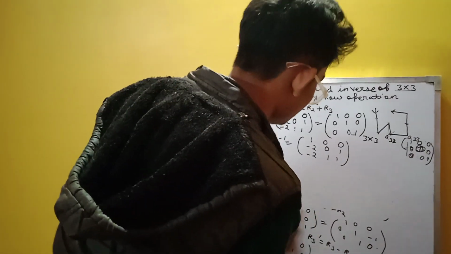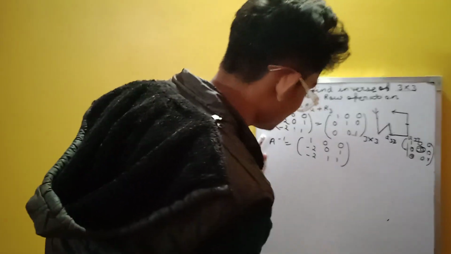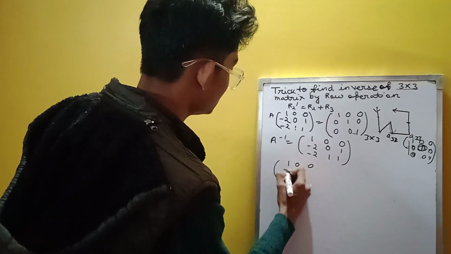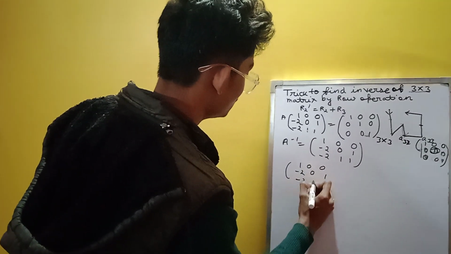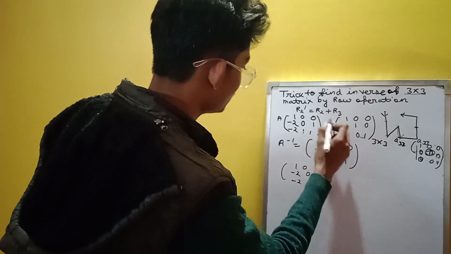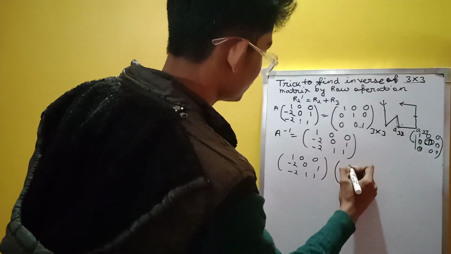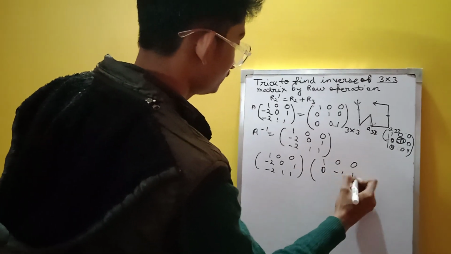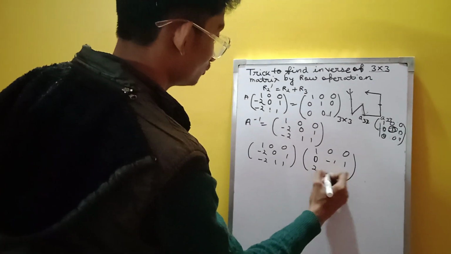You can cross check this. Let's multiply it with the original matrix, that is 1 0 0, negative 2 0 1, negative 2 1 1, with the original matrix. What was the original matrix? That is 1 0 0, 1 0 negative 1, 1 2 1 0.